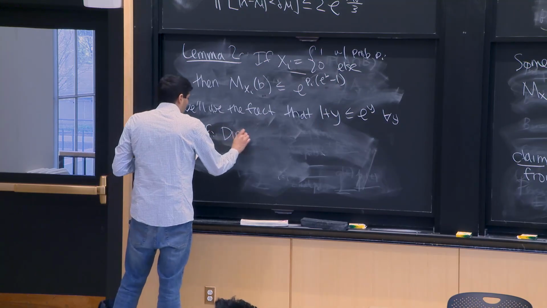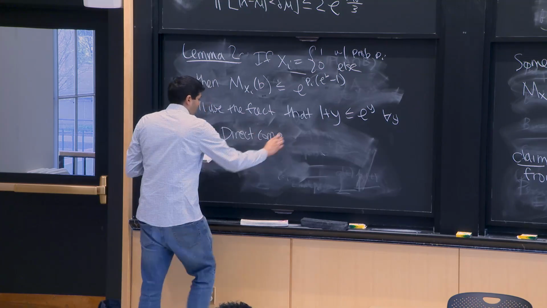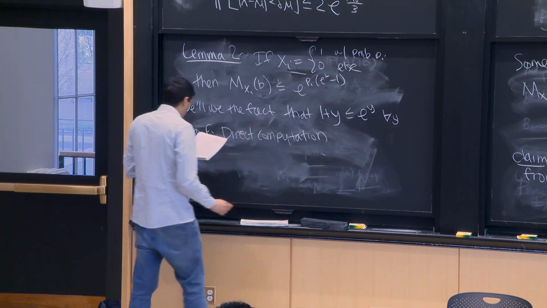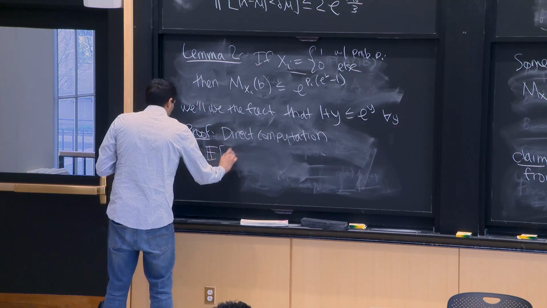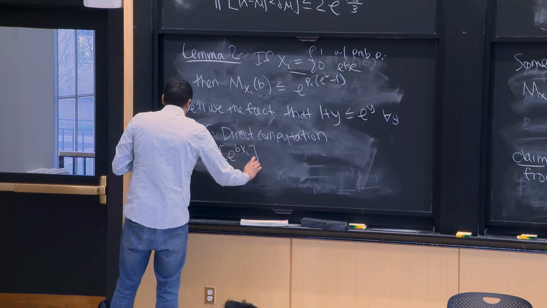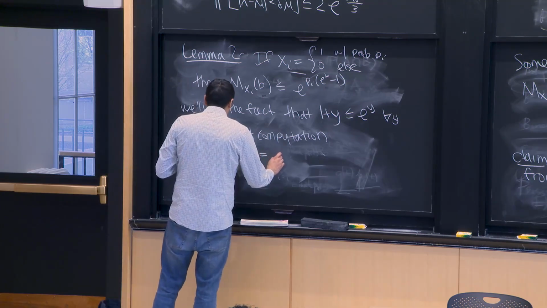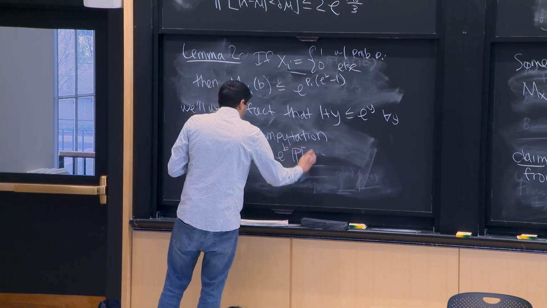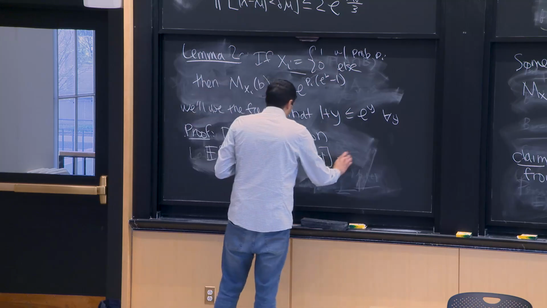We're going to prove this just by direct computation, and eventually we're going to appeal to this fact in order to write it in a more convenient form. So, what is the moment generating function of xi? Well, we can write it out because there are only two possibilities: either xi equals 1 or xi equals 0.